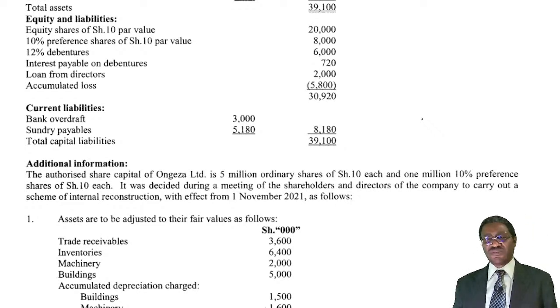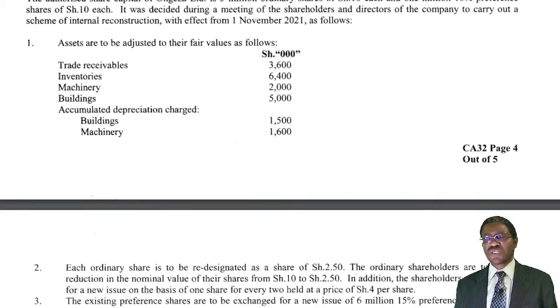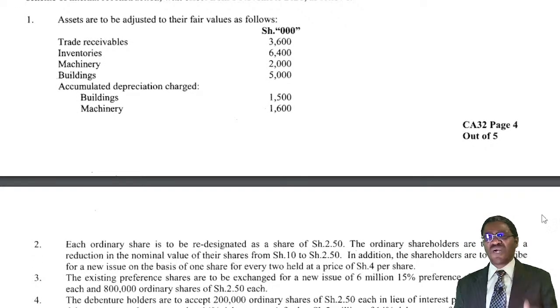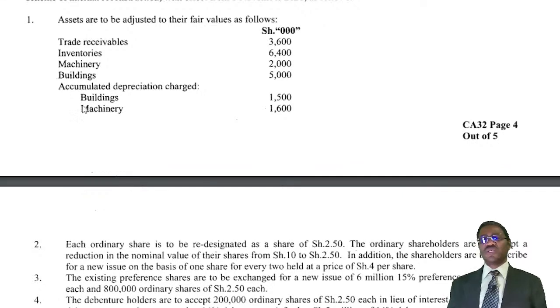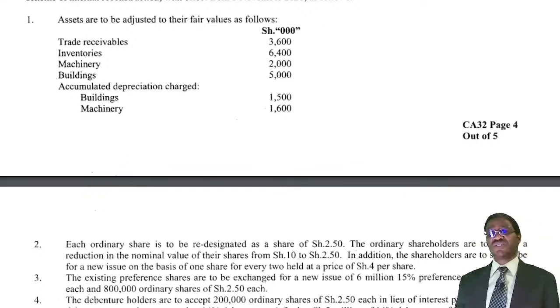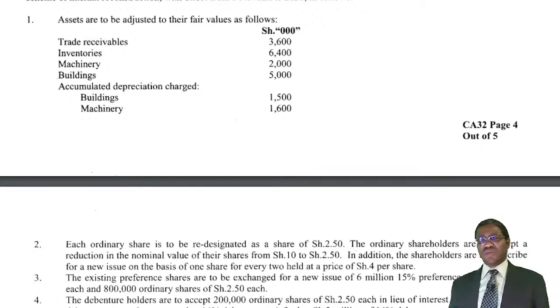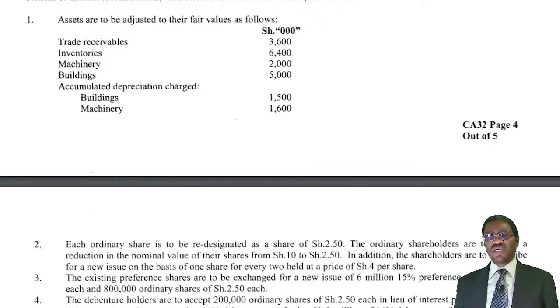Let me roll the question. You are given building accumulated depreciation. On the building, accumulated depreciation charged, that is 1,500, and machinery. Number two, let me roll the question again.